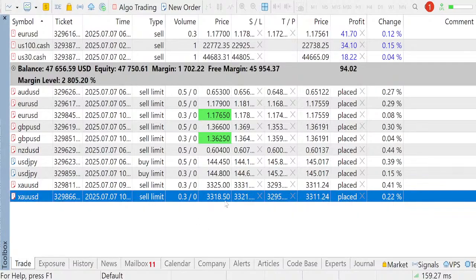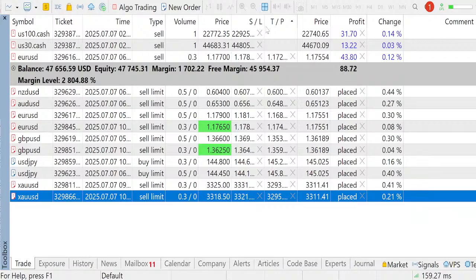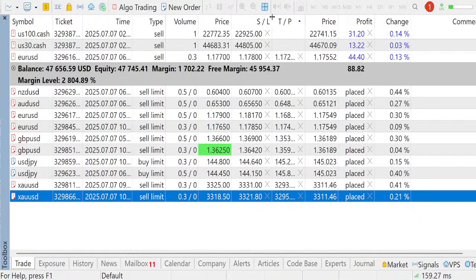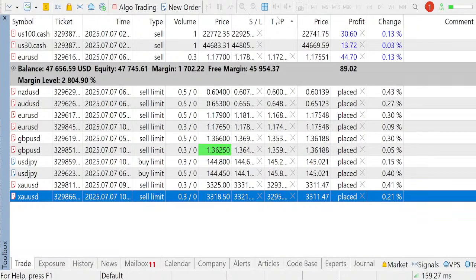One is selling at 18 half, stop at 21.8, then the TP at 3295, and I think that's about it.